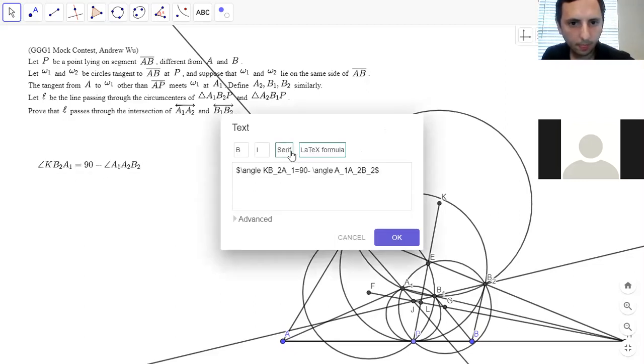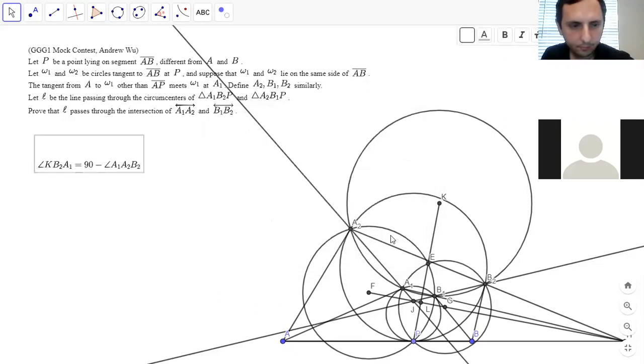So K B2 A1 is 90 minus A1 A2 B2. Okay, yeah, that makes sense. And then we could try to find angle A1 P B2.